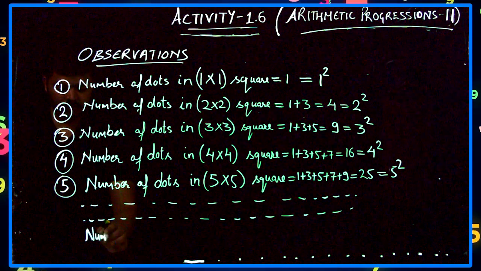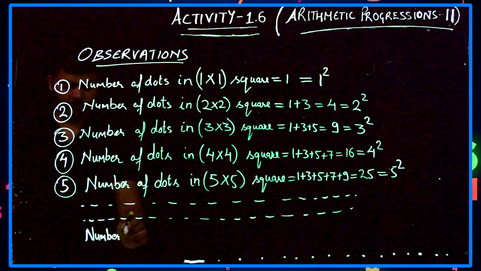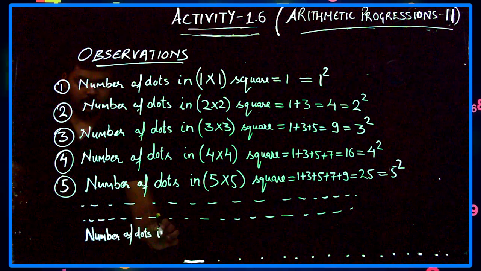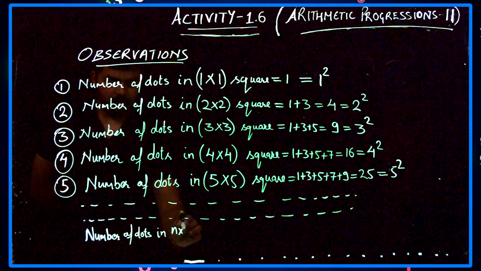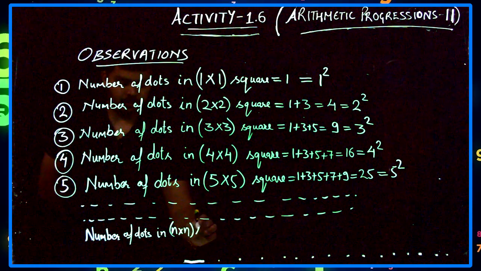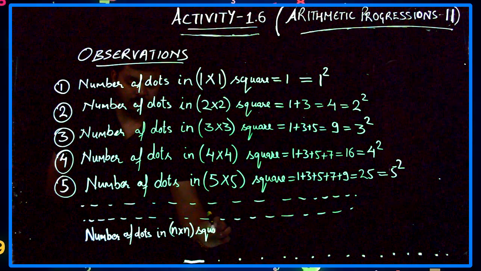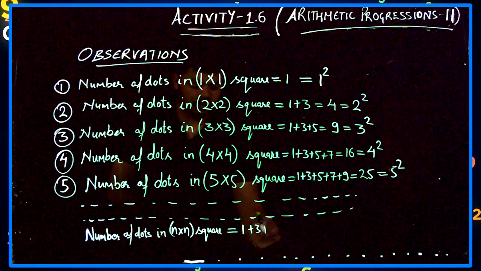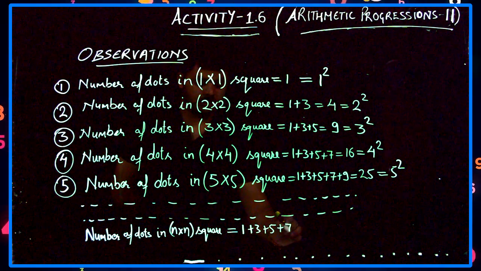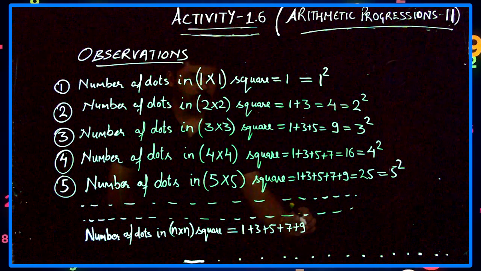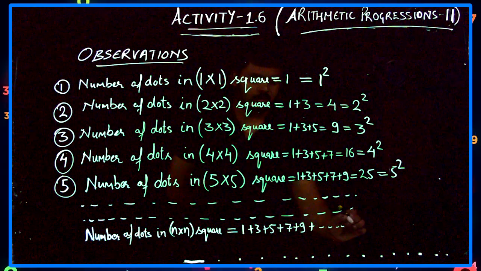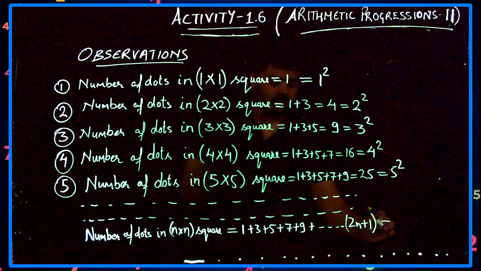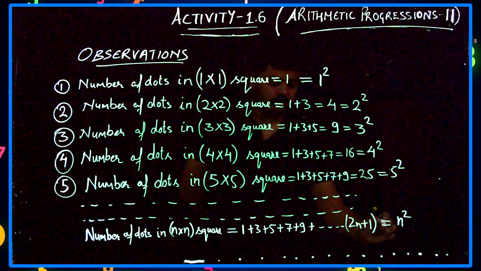Now the number of dots in the n by n square equals 1 plus 3 plus 5 plus 7 plus 9 plus up to 2n minus 1, equals n square.